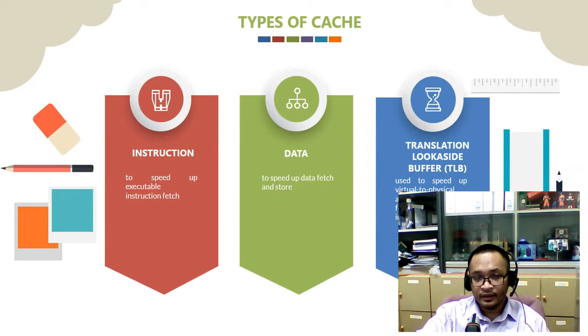We have three types of cache. First is instruction, to speed up executable instruction fetch. Second is data, to speed up data fetch and store. And lastly is the translation lookaside buffer, used to speed up the virtual to physical movement of the data.